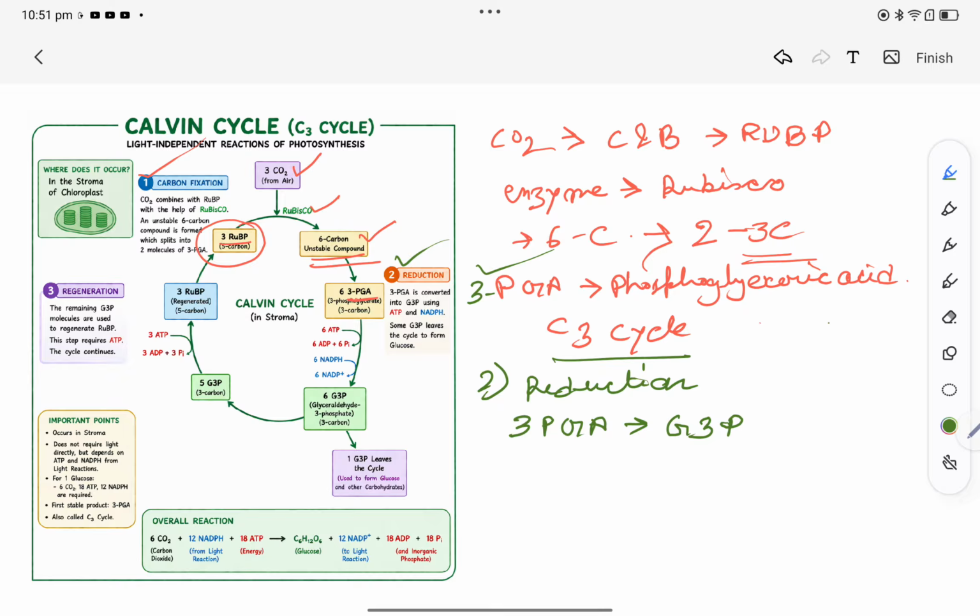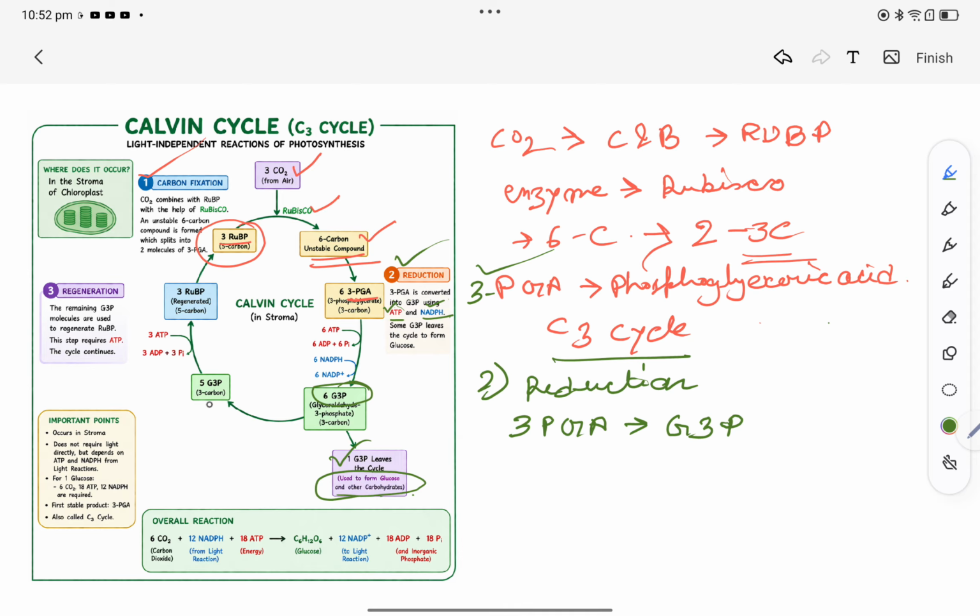As we can see here, 3-PGA is converted into G3P using ATP and NADPH, and glyceraldehyde 3-phosphate is made. Some of this G3P will leave the cycle to form glucose.